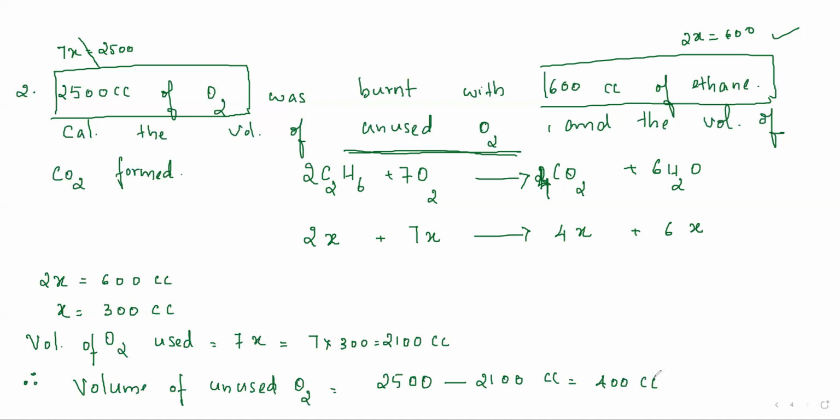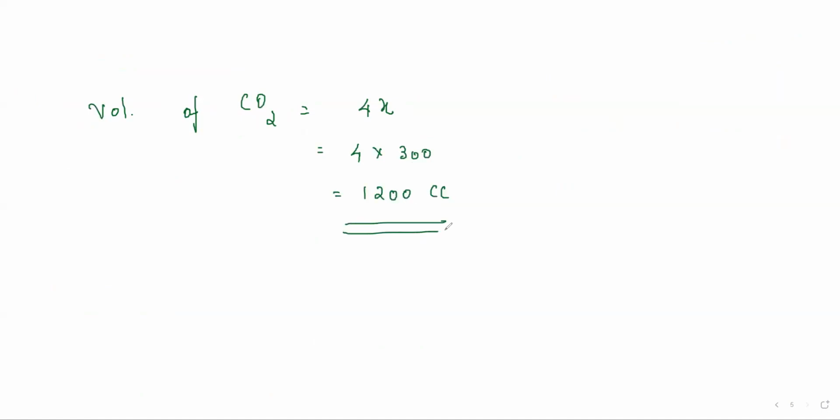Another part of this question was to find the volume of carbon dioxide. Carbon dioxide is 4x. So, volume of carbon dioxide is 4x, which is 4 into 300, that is 1,200 centimeter cube.